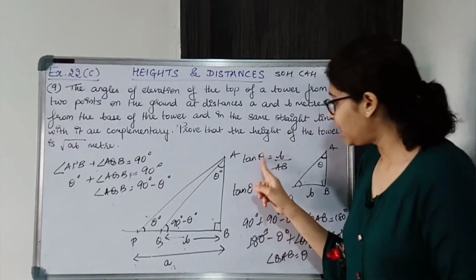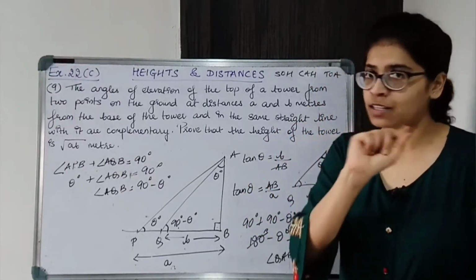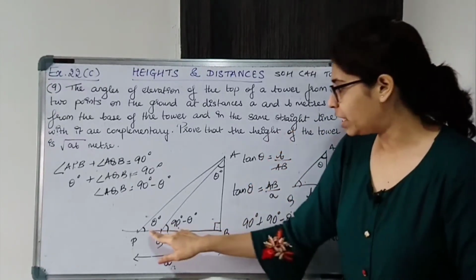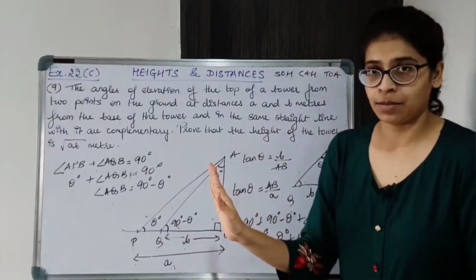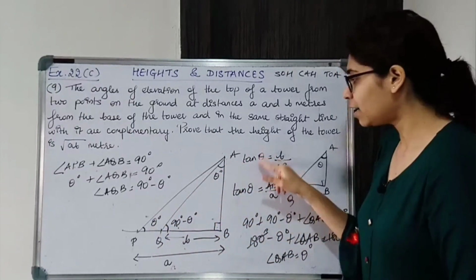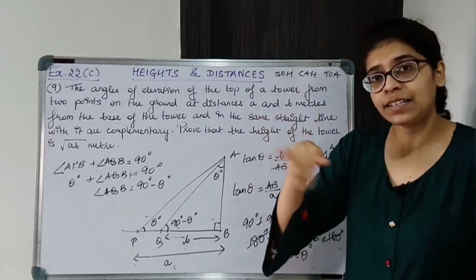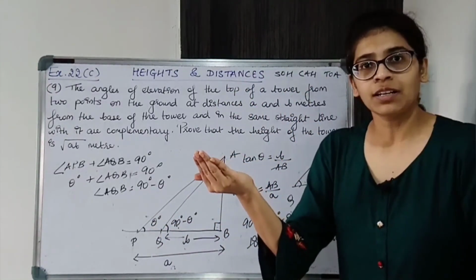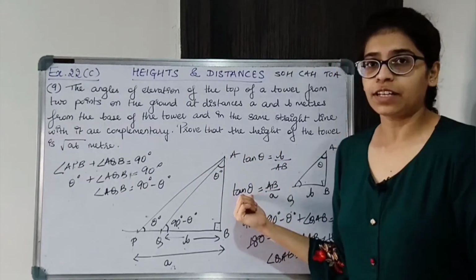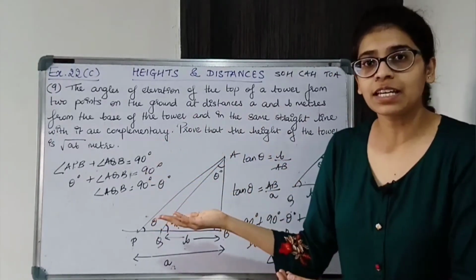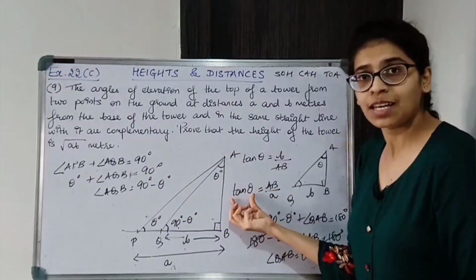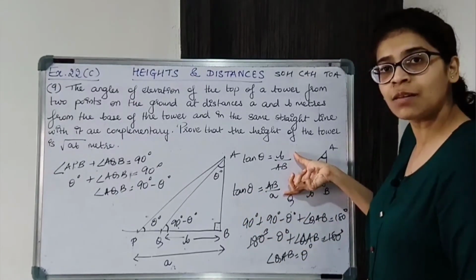Now the theta angle is the same, the angle has not changed. Correct. So this angle and this angle are both the same. Since both the angles are theta, their tan will also be the same. If this is 25, then this is also 25. So tan of the angle is going to be the same. Since LHS is the same, I can say RHS is the same.